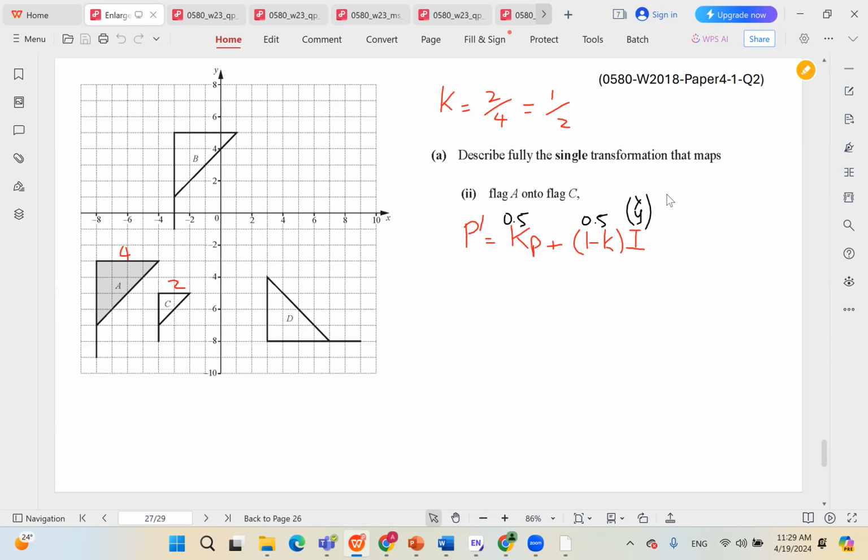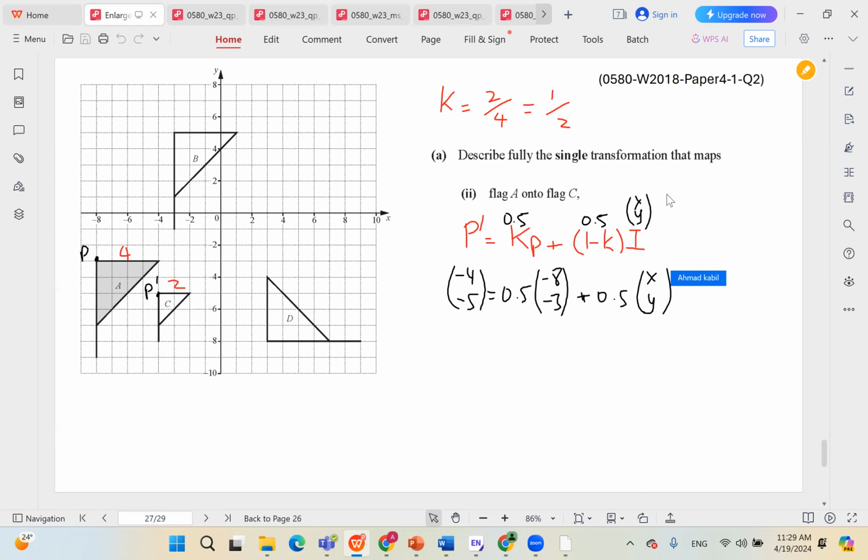Now P dash and P need to be obtained. So P is the original flag, of course. So P will lie here, for example, and then P dash would be here. Now P dash has coordinates -4 and -5. Let's just write that down. -4, -5 equals half times the coordinates of P, which are -8 and -3, plus 0.5 multiplied by xy.